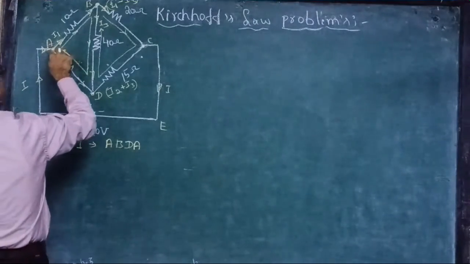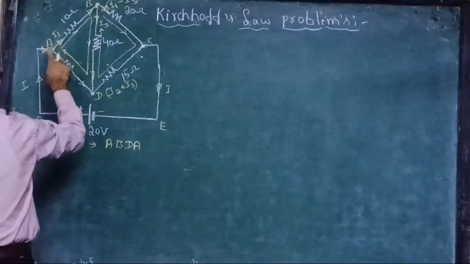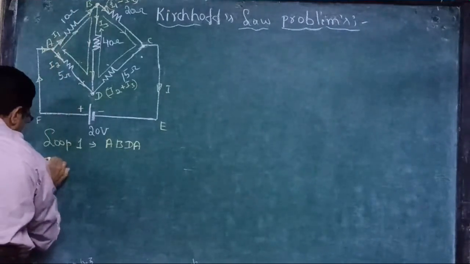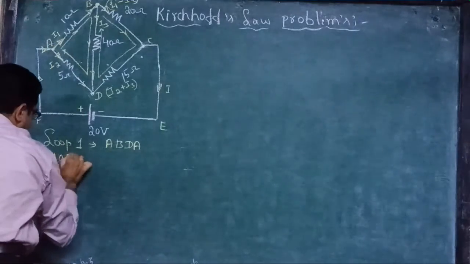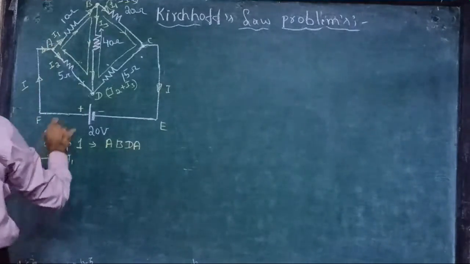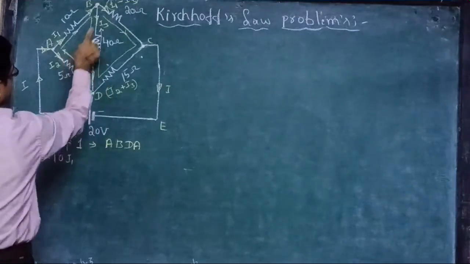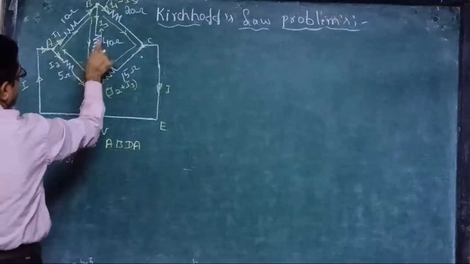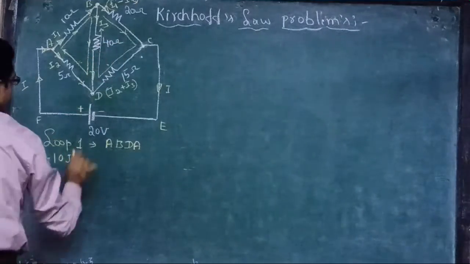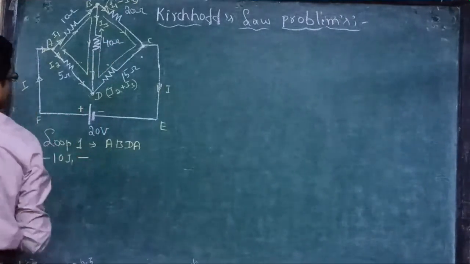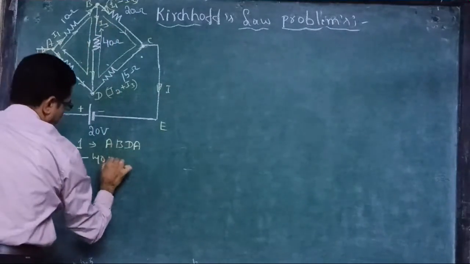We are going A to B and the current is also going the same way, so we take a negative sign, a fall in potential: 10 I1. Then we are going B to D, also in the same direction as the current. Here I3 current flows through the 40 ohm resistor, so it is a falling potential: 40 I3.